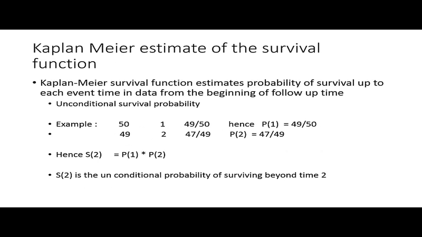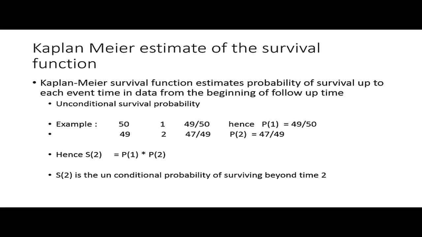We estimate these functions. Actually, we estimate only the survival function. We can get the probability density function and the hazard function directly from the survival function. So we only care about the survival function. We estimate the survival function in survival analysis using a particular type of estimation known as Kaplan Meier estimation of the survival function. Very simple one.